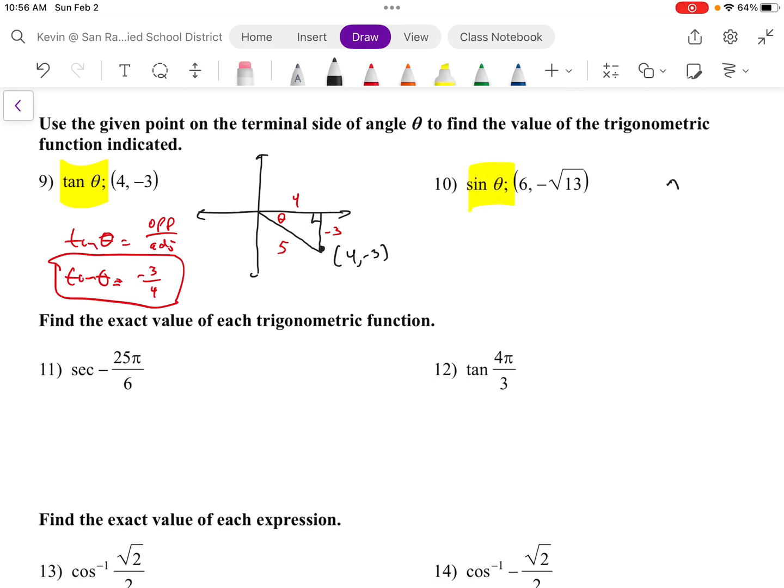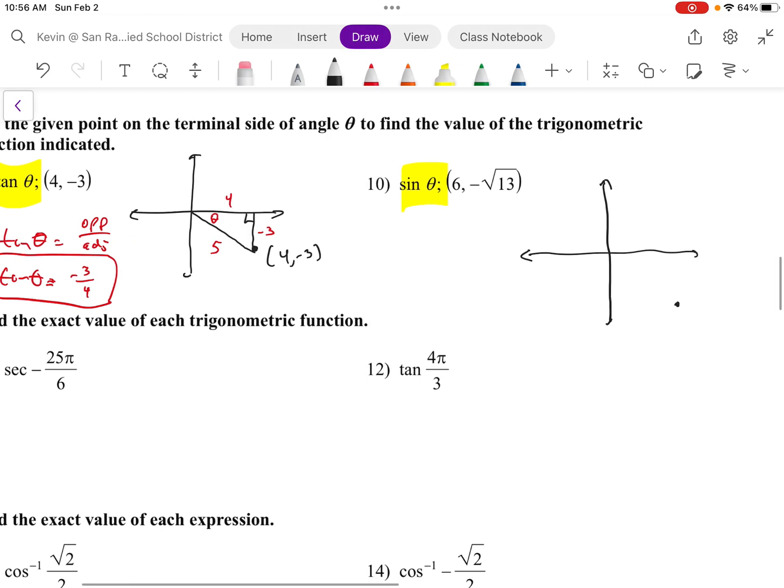Okay, coming over here, now we're going to be looking for sine. And again, we're going to draw a triangle on our plane. We're given 6 and then -√13. So, I didn't do this one.